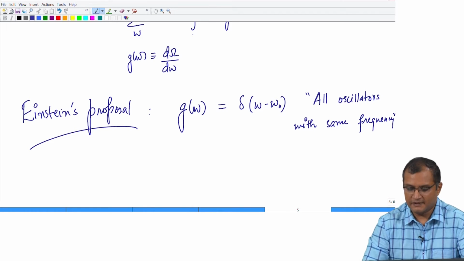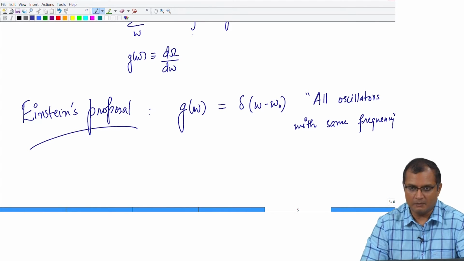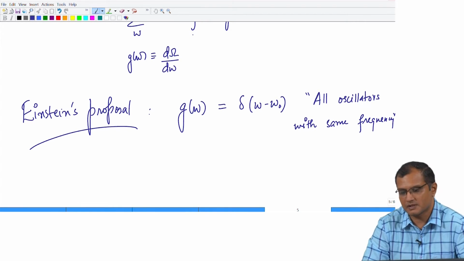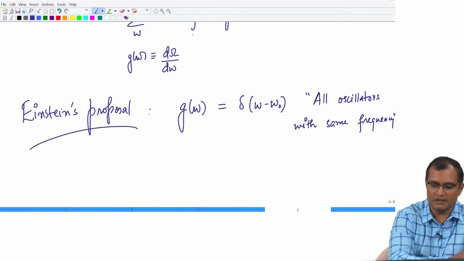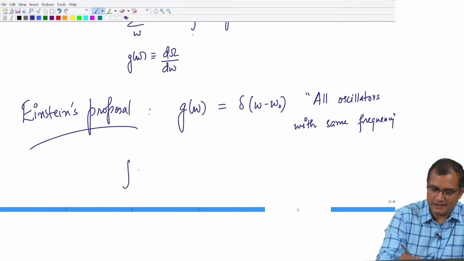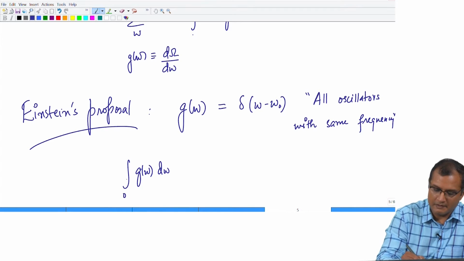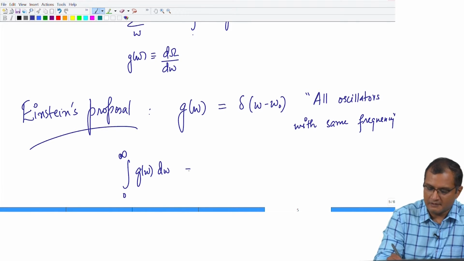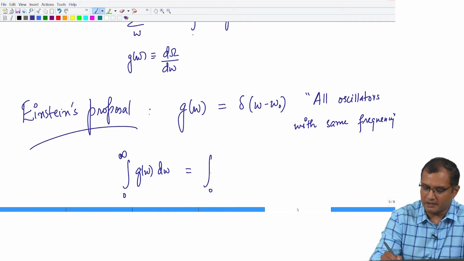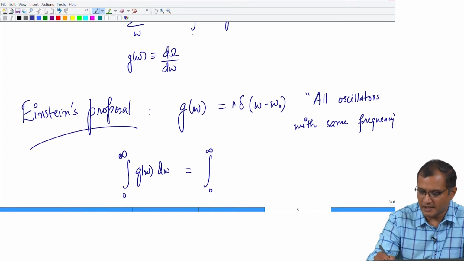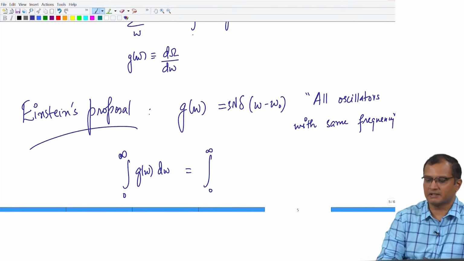So if each oscillator's frequency is the same and you ask me what is the density of states, it has got to be a delta function, because if you integrate this over all the frequency space, it has got to be simply 3n times delta.